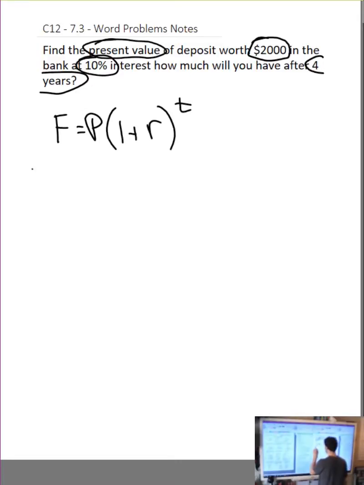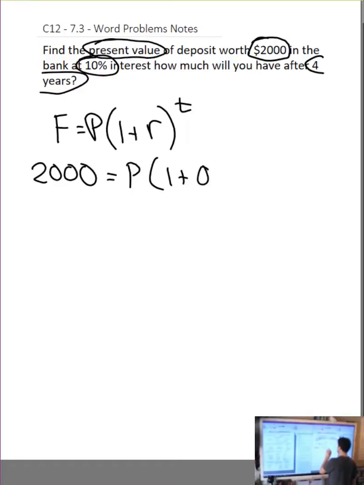So our future value this time is 2,000, substituting on the left-hand side of the equation, is equal to the present value we don't know, times 1 plus the interest rate, 10%, 0.1, to the exponent time 4.